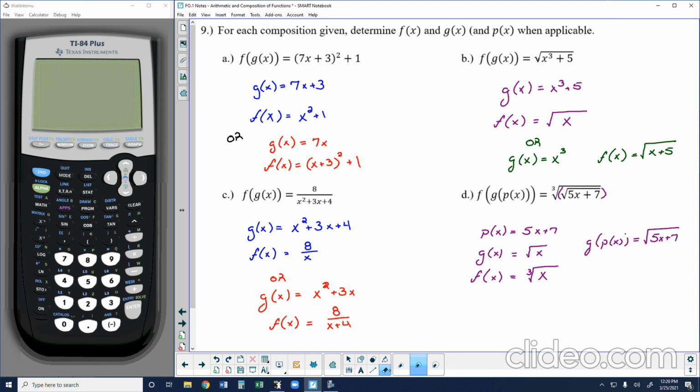This would be one option, not the only option, that would represent the function composition here. So if I take p of x and substitute that into g of x, and then that result is substituted into f of x, I have the function composition shown. So this is function decomposition, with many different options, but basically it's just trying to get us to think about what could have been substituted to create the expressions that we see.